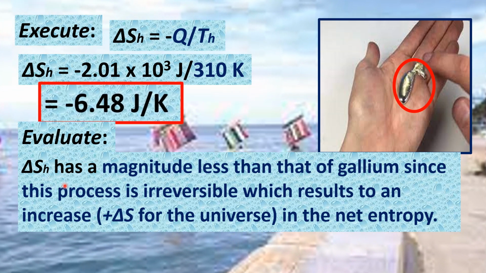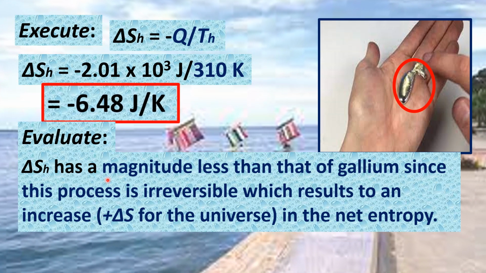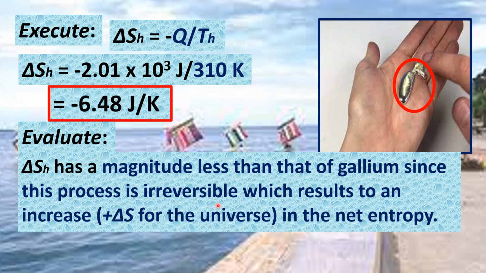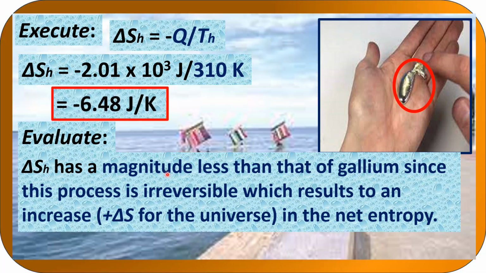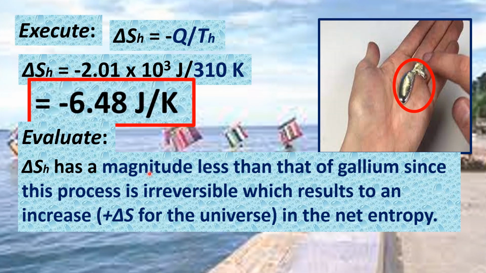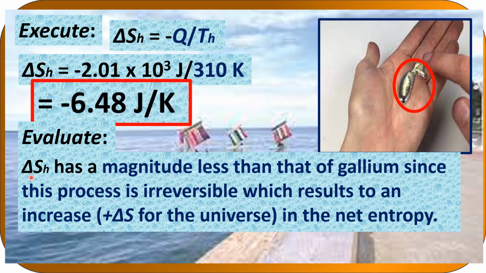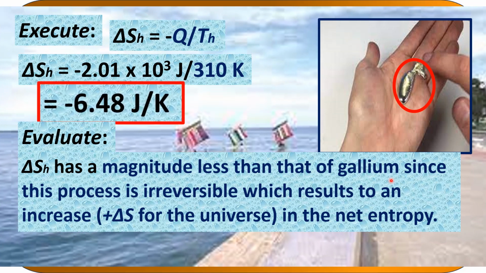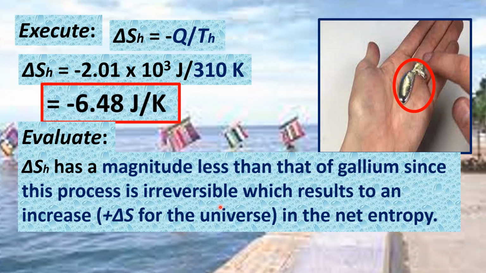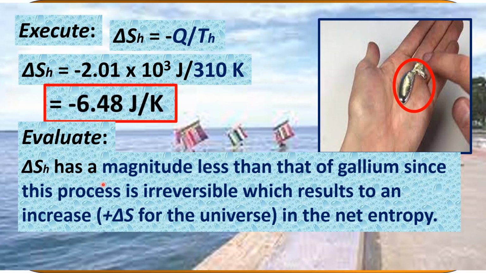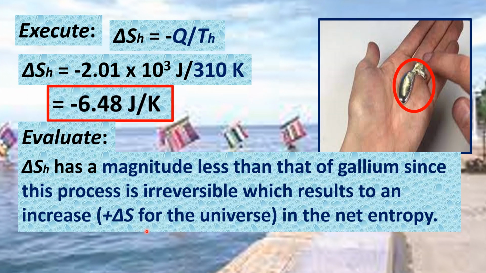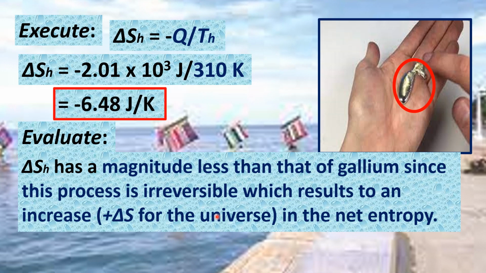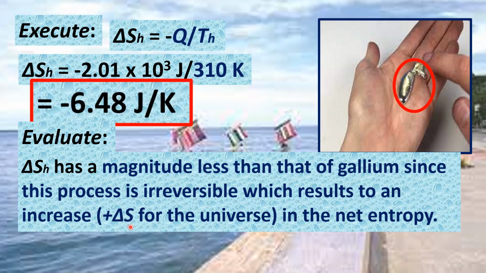The change in entropy of the hand has a magnitude less than that of gallium, since the process of releasing energy by the hand is considered irreversible, and this results in an increase in the net entropy, meaning the delta S for the universe is positive, right?